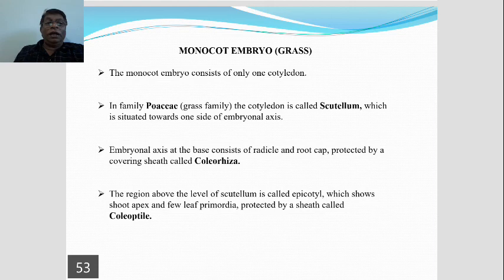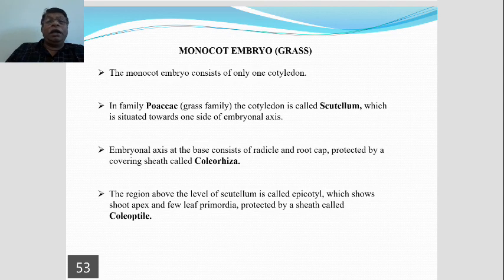The region above the level of the scutellum is called epicotyl. Now refer to the diagram. The region found above the cotyledon or scutellum is called epicotyl, which shows the shoot apex and leaf primordia.